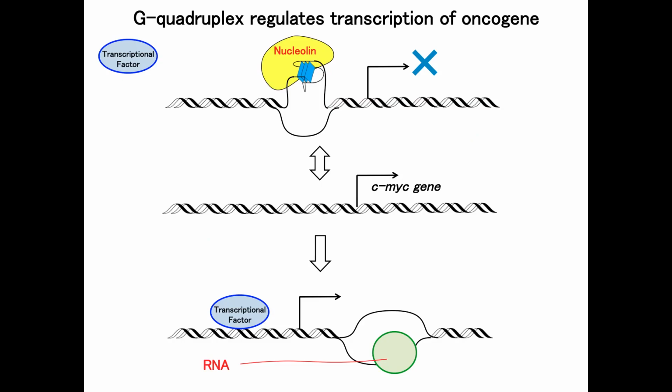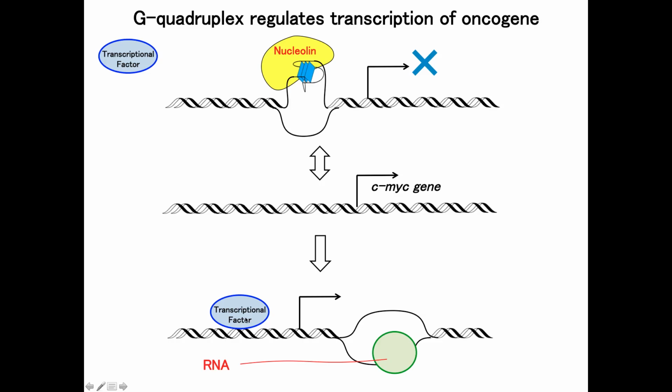You know that not only the telomere region but the promoter region can form the G-quadruplex. This is the example of the c-MYC region. c-MYC is one kind of cancer oncogene.